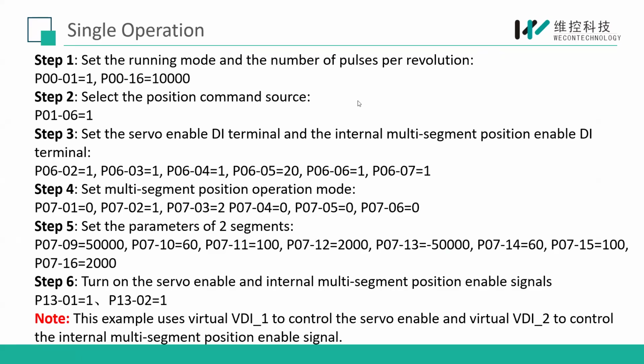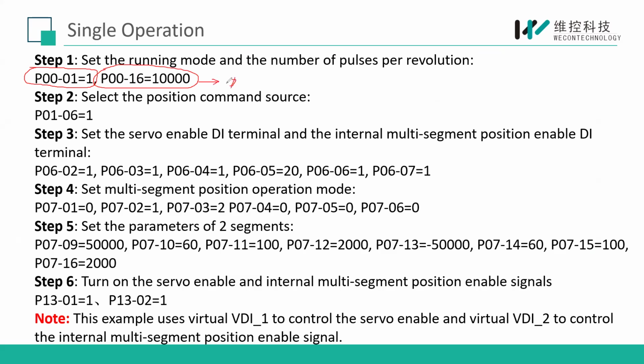First, this is for position mode, right? And this is P0 and 16. Do you remember what this parameter is used for?